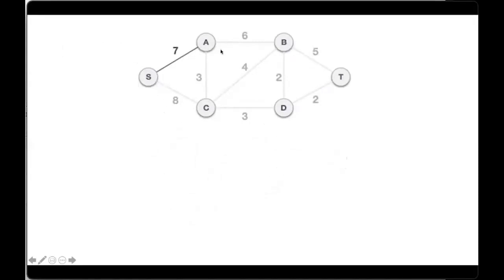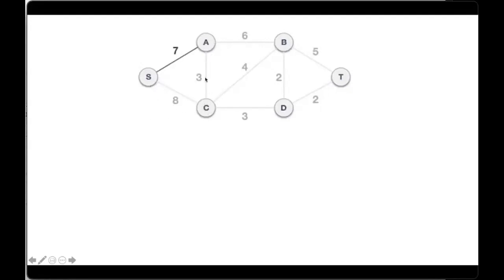S to A. Next, among these two vertices, whichever is the minimum cost edge, that it will select next. From A to B is 6, A to C is 3, S to C is 8.